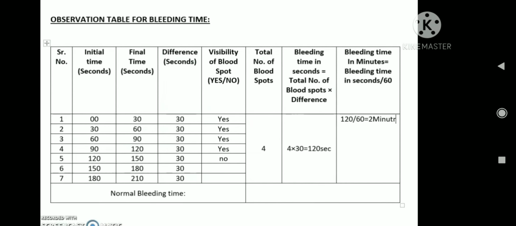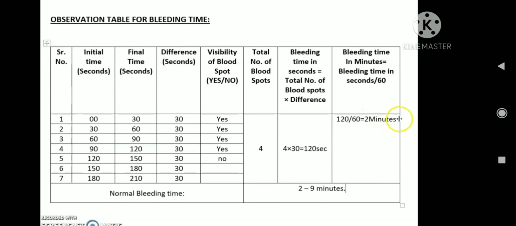The normal bleeding time generally ranges between 2 to 9 minutes. So the bleeding time which we have found here is 2 minutes, and that falls within the normal range of bleeding time.